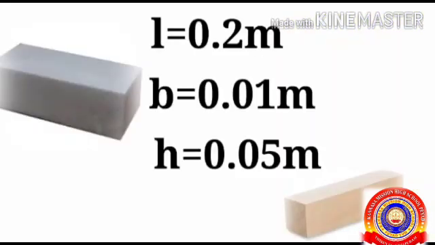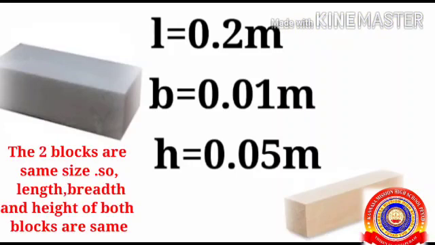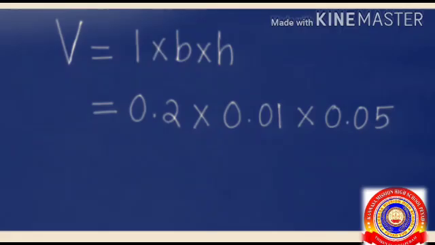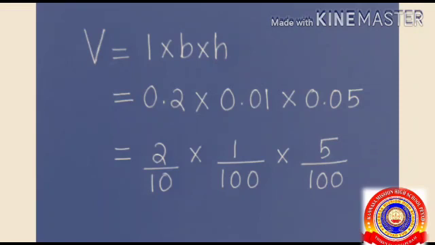If the length, breadth and height of this block are 0.2 meter, 0.01 meter and 0.05 meter respectively, then volume equals 0.2 into 0.01 into 0.05. You can either multiply them as decimals or convert them into fractions.